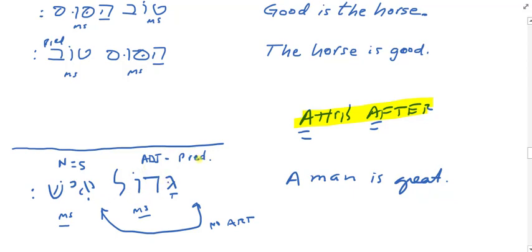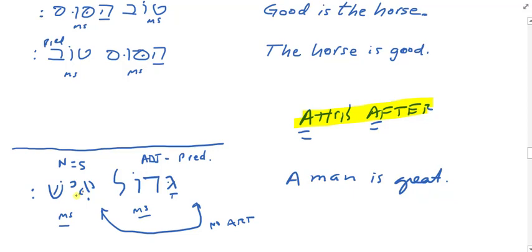Now, in this situation, the noun is not definite. It's not ha-ish, it's just ish. Notice that the predicate adjective is the same gender and the same number, but they actually are both indefinite. So there are situations where my predicate adjective will agree in all the ways that my subject noun agrees.